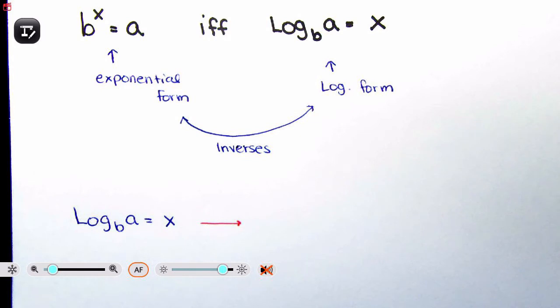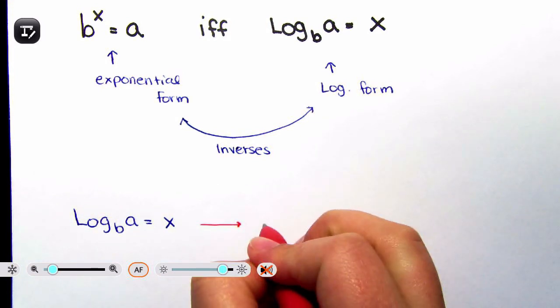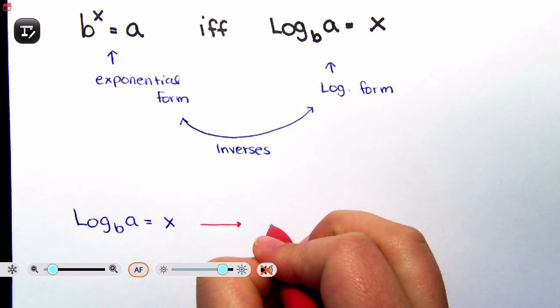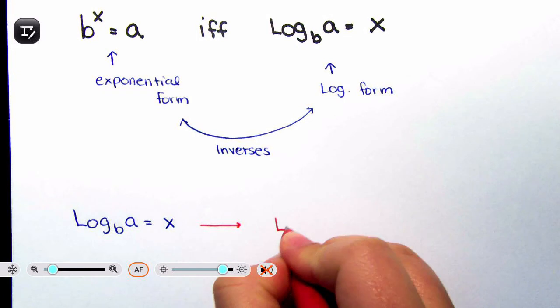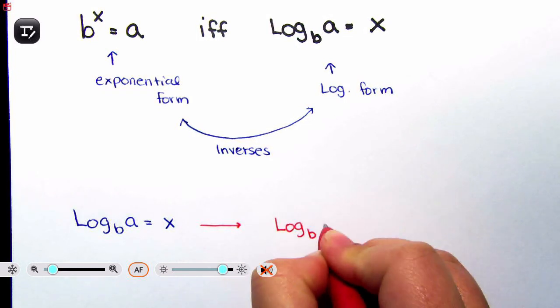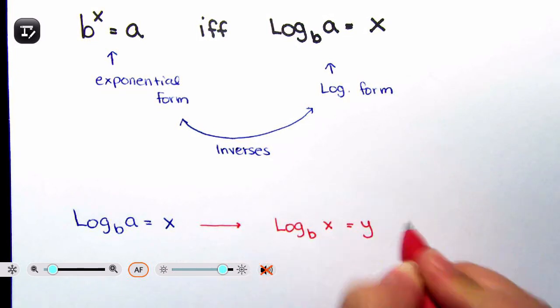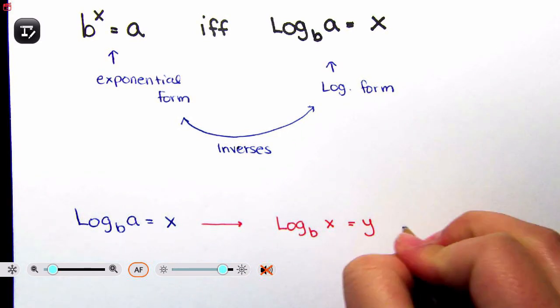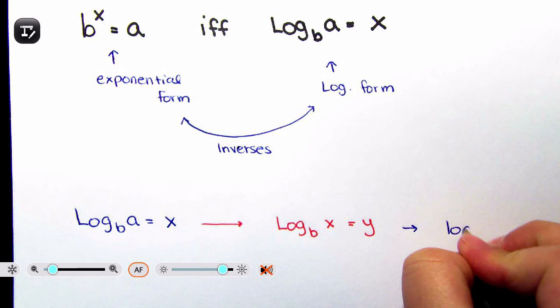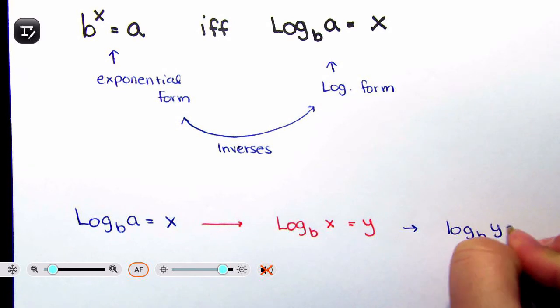To find the inverse of it, let's switch the position of x and y. Well, what is x and y? So let's rewrite this here as log base b of x is equal to y. Sometimes you'll see it in this form. So let's switch the position of x and y. Log base b of y is equal to x.